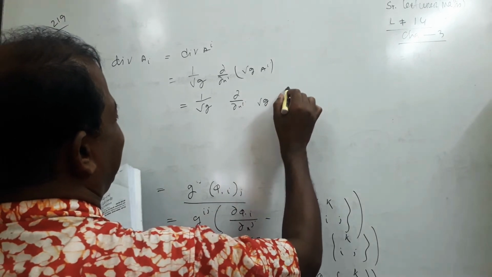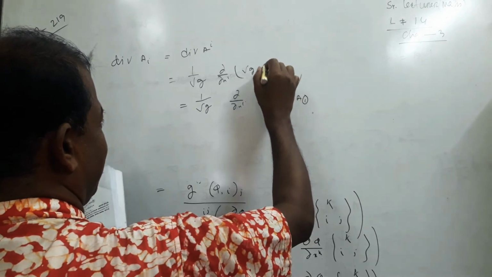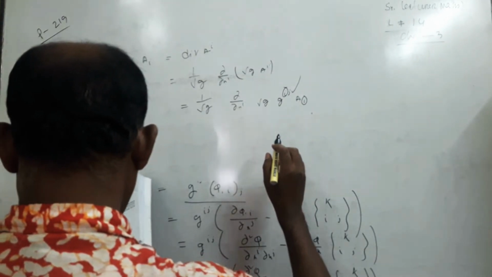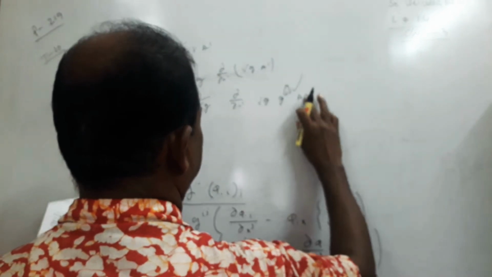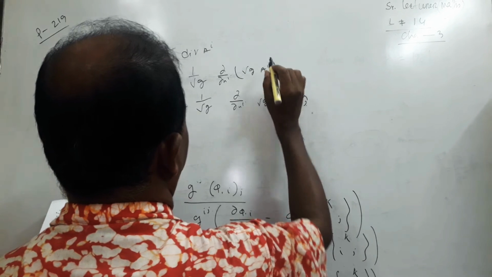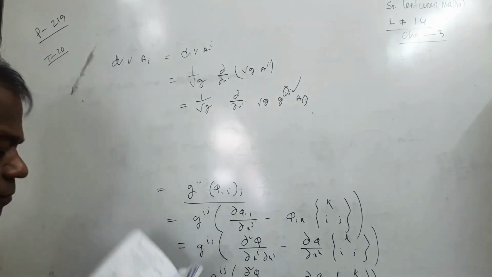It's so easy. I means A, that means it's also A_j. Okay, clear?